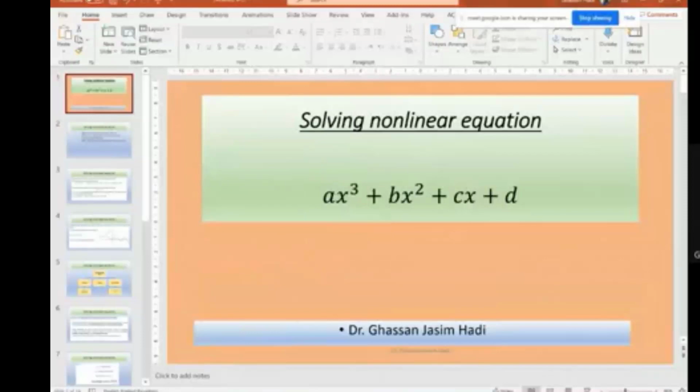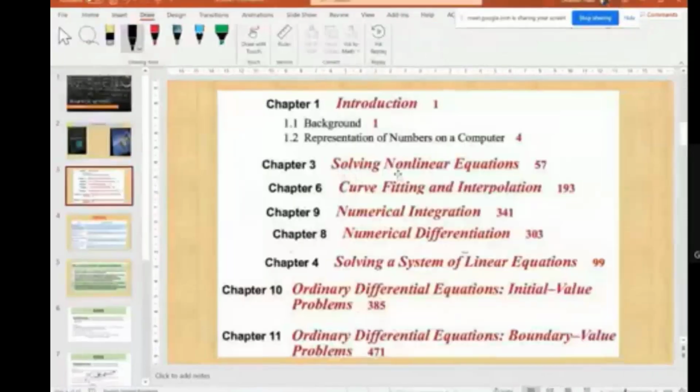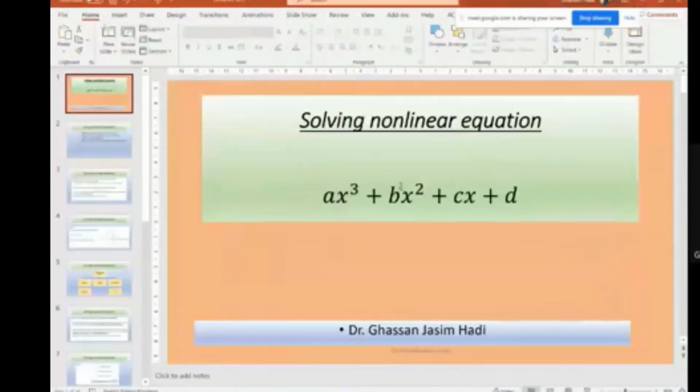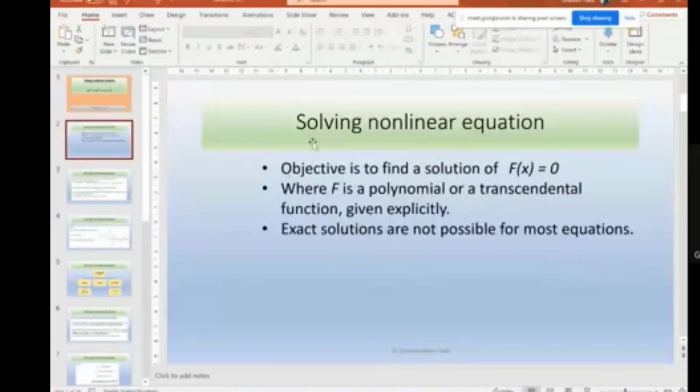The first subject will be solving nonlinear equations. A nonlinear equation will be like this: x cubed plus x squared plus x plus d. This is named a nonlinear equation. The objective is to find the solution of f of x equals 0.